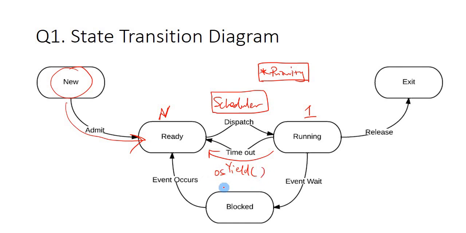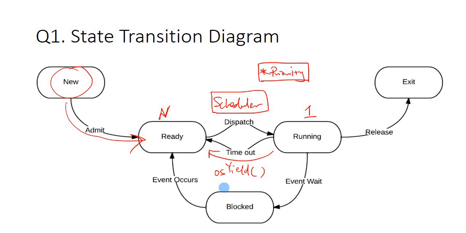When you call that, you are voluntarily giving up the CPU and going to the ready state. When you are in the ready state, it's important to note that you have all the resources you need to make use of the CPU. You have everything, it's just that the scheduler has not chosen you to run yet. That is why you are in the ready state, waiting for your chance to run.